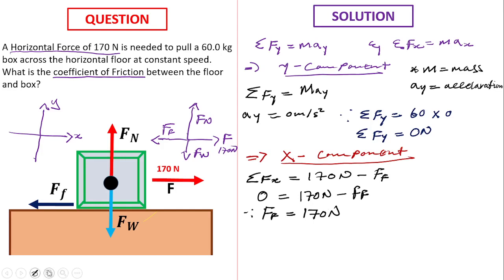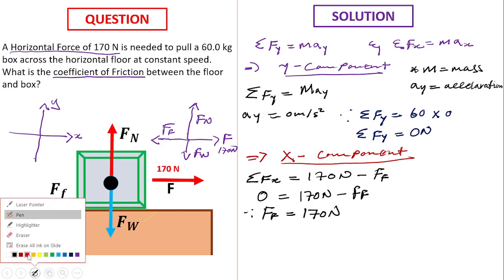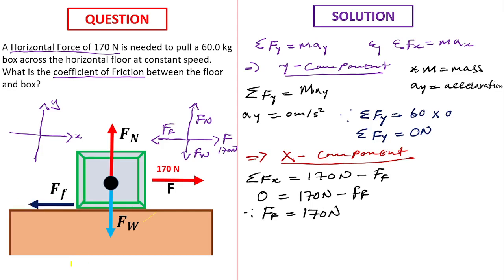One of the parts which you might be wanting to understand is why is the summation of forces 0 here. This is coming from the fact that this object is moving at a constant speed.